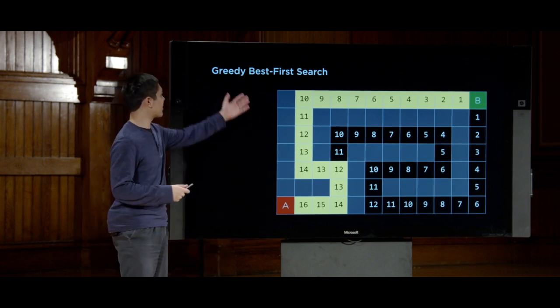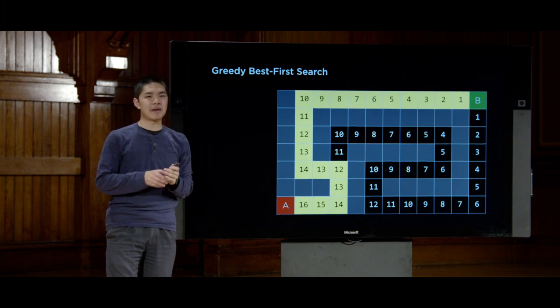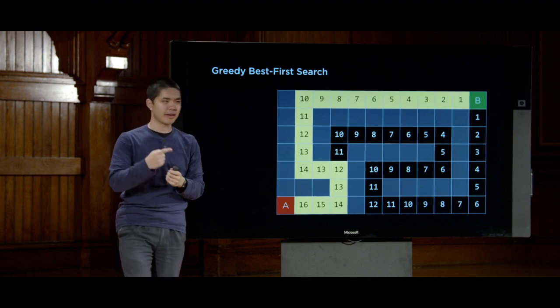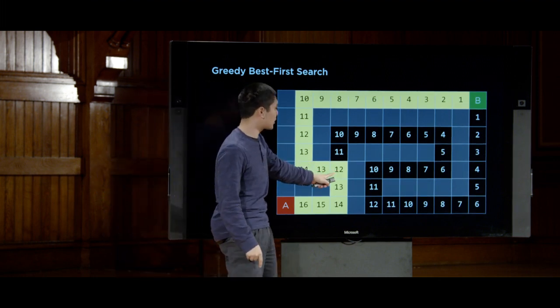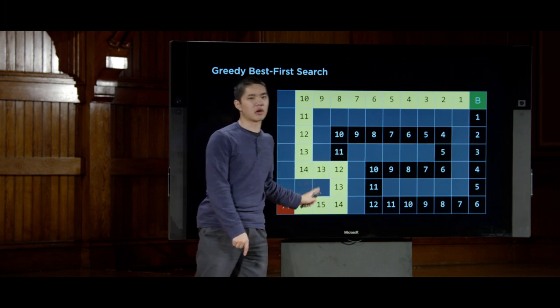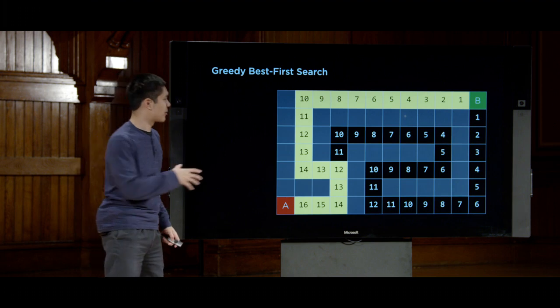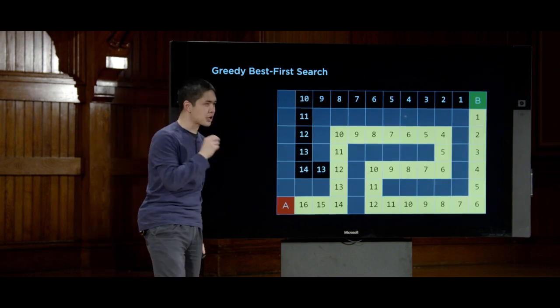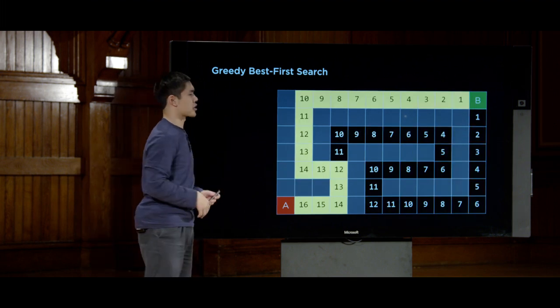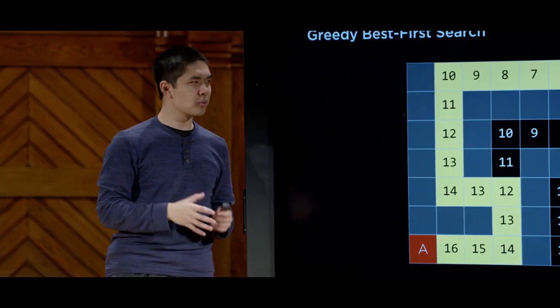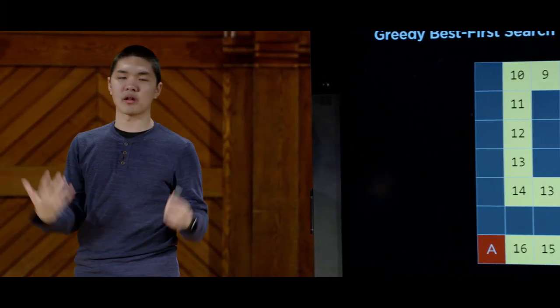And so this is what we mean by this is a greedy algorithm. It's making the best decision locally. At this decision point, it looks like it's better to go here than it is to go to the 13. But in the big picture, it's not necessarily optimal, that it might find a solution when in actuality there was a better solution available.